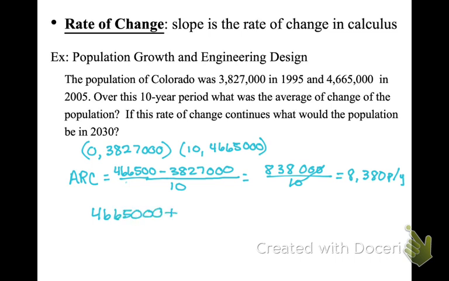And then we would multiply this number by 25. Do you see your y equals mx plus b in there? Because y is your initial value, and then our average rate of change over our 25 years. And that is definitely a calculator problem.